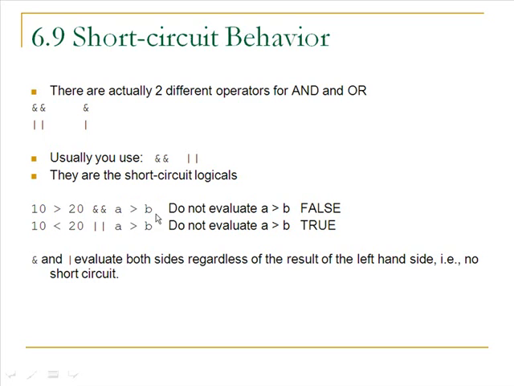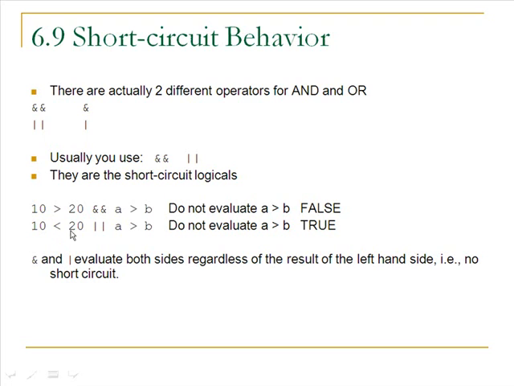Why should we evaluate the right-hand side? And using the two ampersands, we don't. This is called a short-circuit behavior. So for efficiency, we're not going to evaluate the right-hand side if we already know the answer. So false and anything is false.